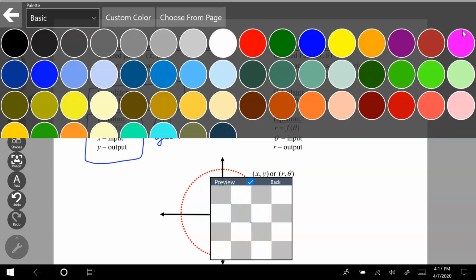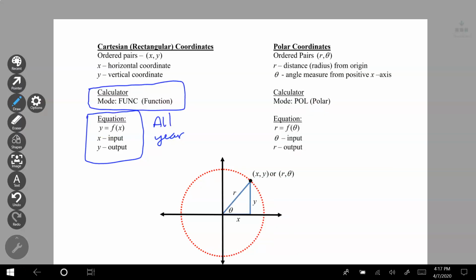As opposed to what we're going to do today, and we're going to do things in polar mode. So we're going to change our calculator, and I'll do this in a minute. We're going to deal with r's and thetas, not x's and y's, and our equations will be based off of x's and y's. Okay, on the bottom of the graph you can see we have a point on the graph, x comma y, or it can be r comma theta. Hopefully this picture looks familiar to what we did with vectors.